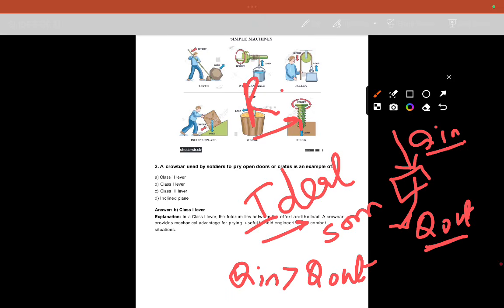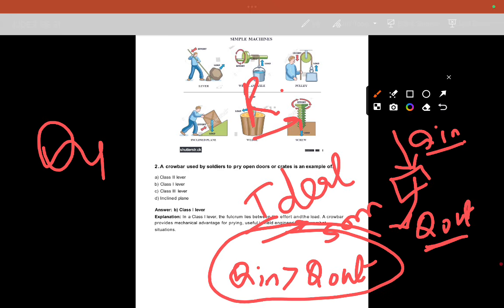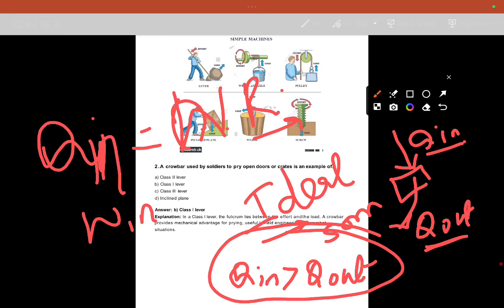Coming here, it is related to work output. Coming to the ideal machine. What is an ideal machine? In an ideal machine, how much work input you supplied, the same work will be the output. Here, work input is equal to work output, and this is called an ideal machine.